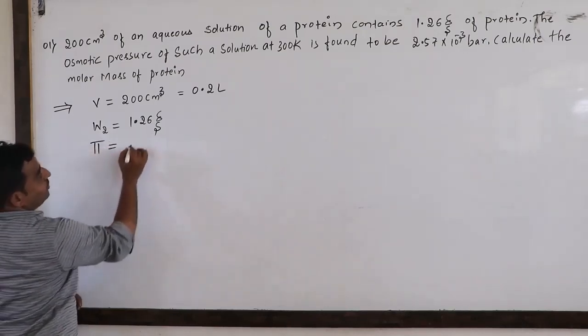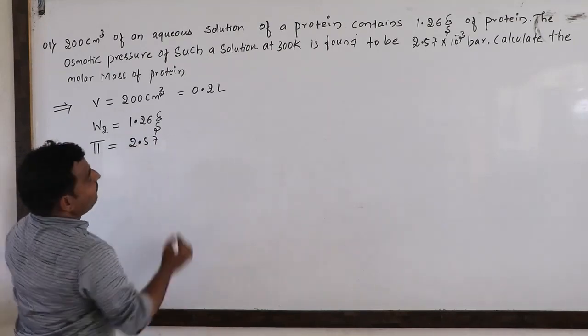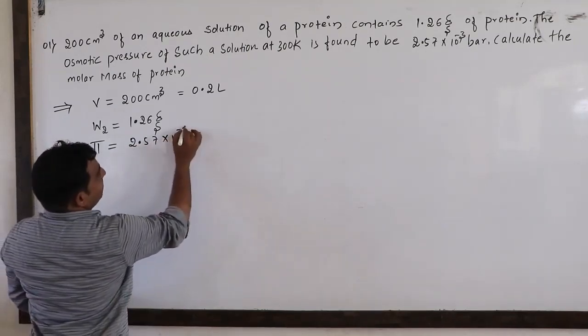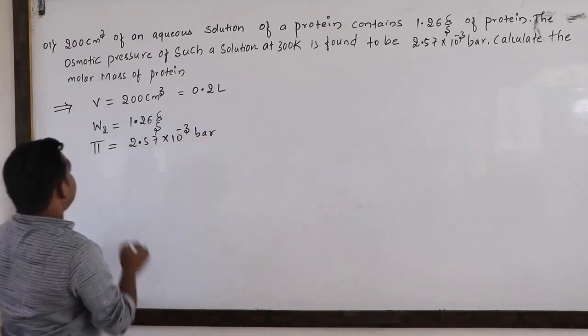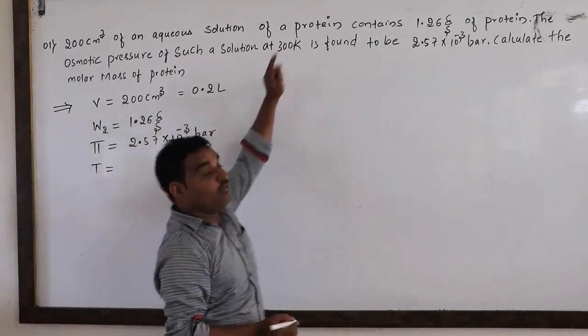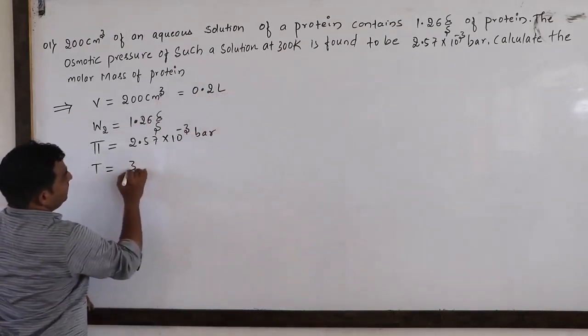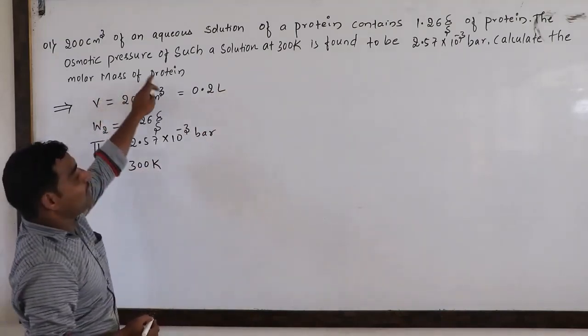Pi is equal to 2.57 into 10 raised to minus 3 bar. Next, the temperature they have given is 300 Kelvin. Next, calculate the molar mass of protein.